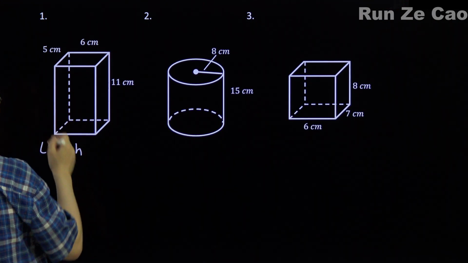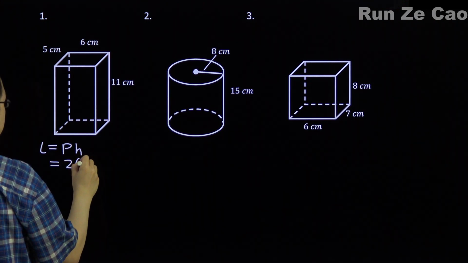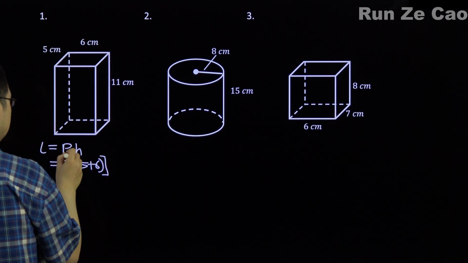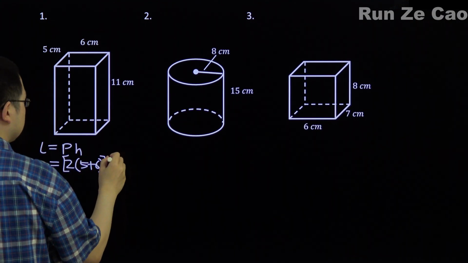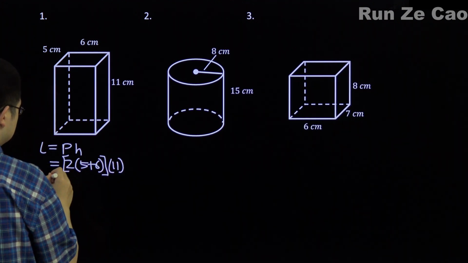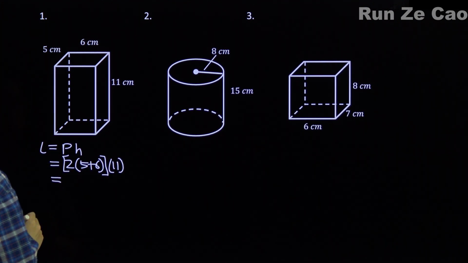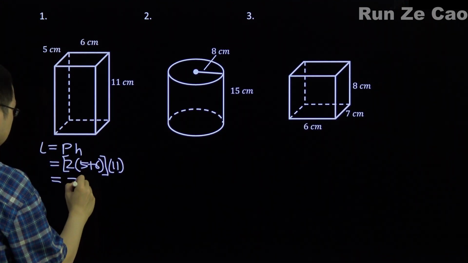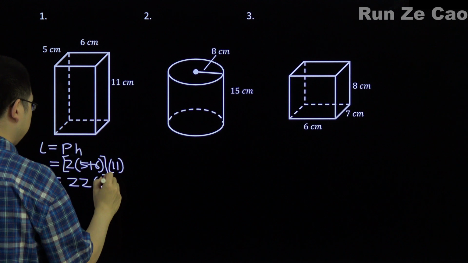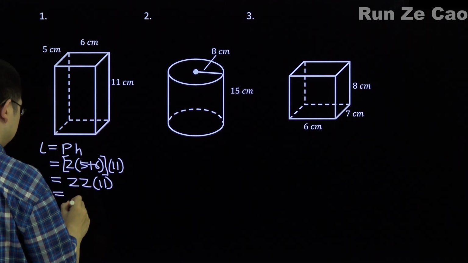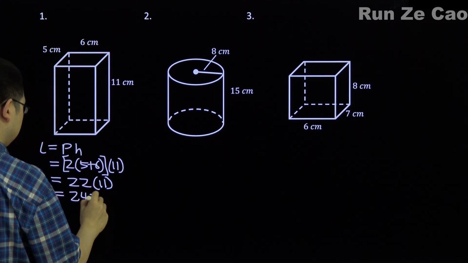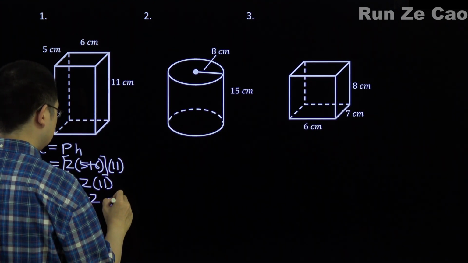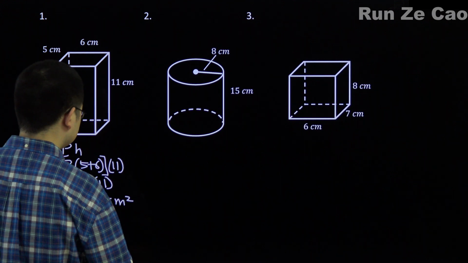So the perimeter of the base is 2 times 5 plus 6, and then multiplied by the height, which is 11. So 2 times 5 plus 6 is 22, times 11. 242 is the result, and that's in centimeters squared.